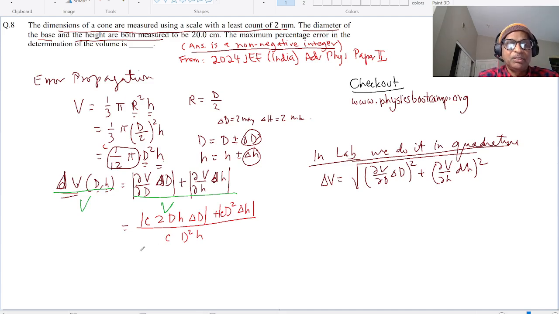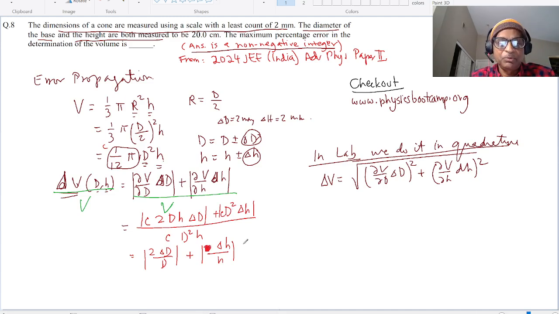Now you distribute it, it's going to be 2 delta d over d plus delta h over h. Not 2, there's no 2 there.